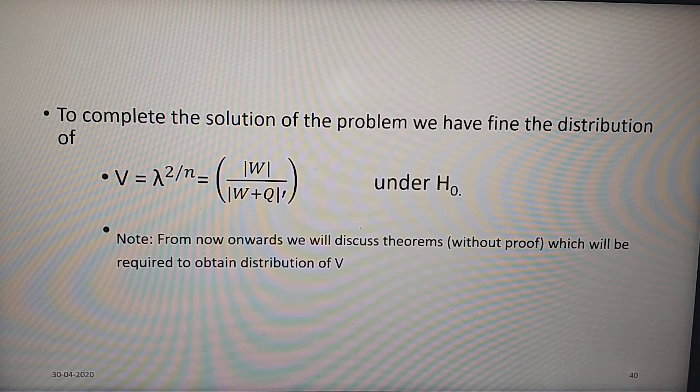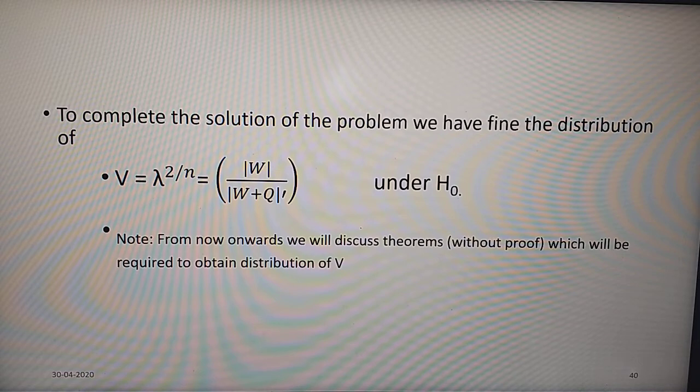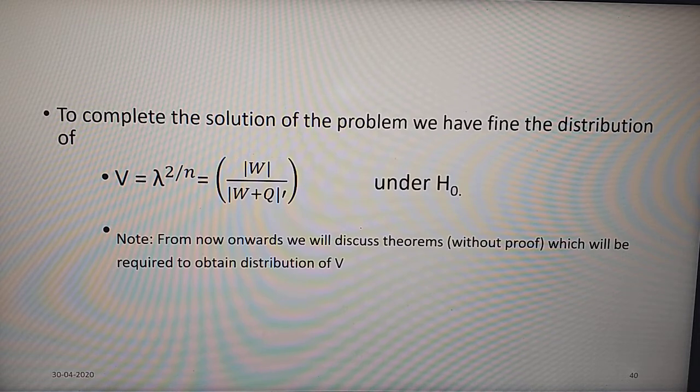Our problem was to find a test for the general linear hypothesis denoted by S naught, and you remember S naught is B1 cap is equal to B naught, where B naught is a P by R1 given matrix.